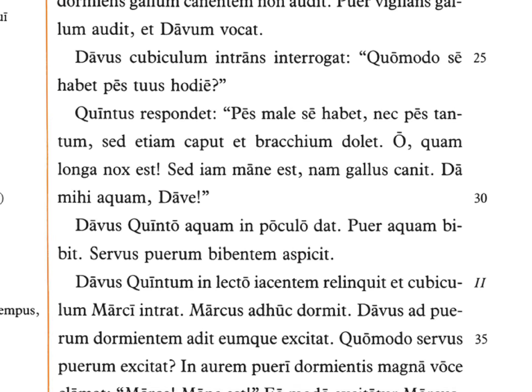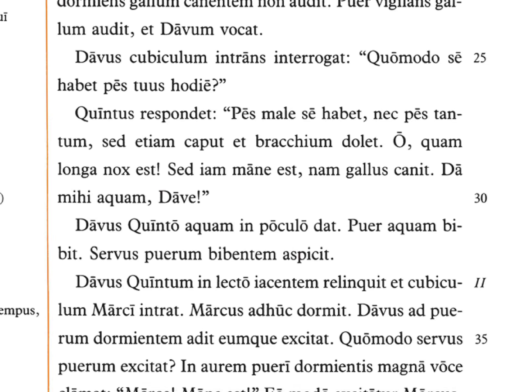For the rooster, gallus, is crowing, canet. Da mihi aquam, Dave, give me water, Davus. Davus Quinto aquam in poculo dat. Davus gives water, aquam, accusative, direct object with the m, to Quintus, Quinto, dative, in a cup, in poculo.